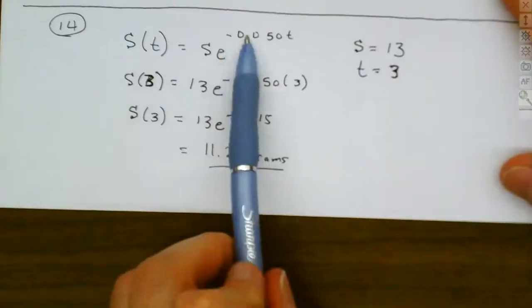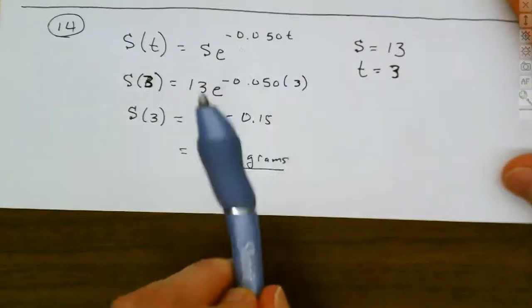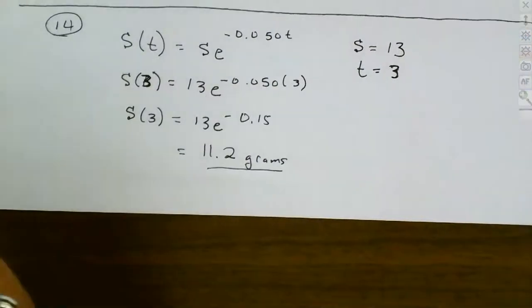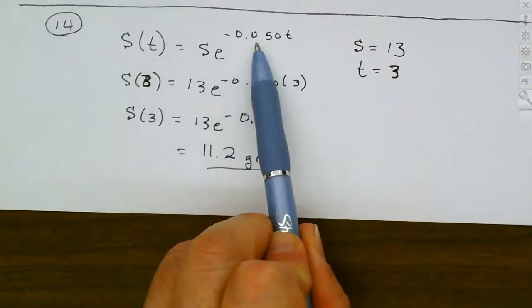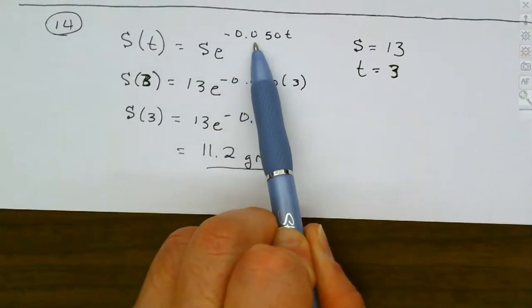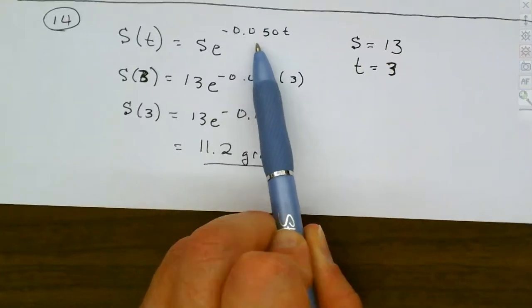By the way, why is this exponent here negative? Well, it's negative because what's happening to the radioactivity of this isotope? Think about Chernobyl and some of those other radioactive places. What happens? Over time, they become less radioactive, right? It's negative because the amount of radioactivity is decreasing because this radioactive isotope is decaying. So that's why it's going down.